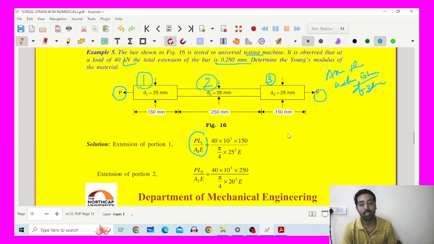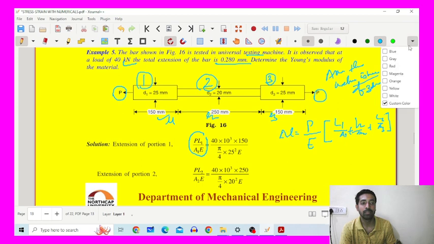Similarly, you have to calculate the total change in length. You can consider that P upon E remains constant, L1 upon A1, L2 upon A2, L3 upon A3. In this case, the lengths are given, L1, L2, L3.